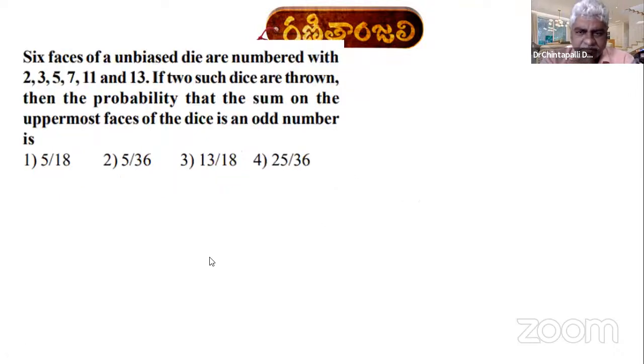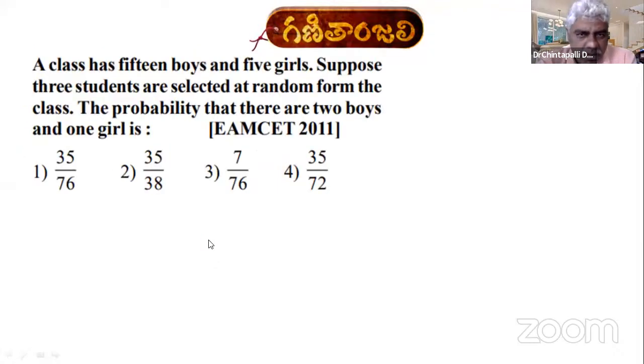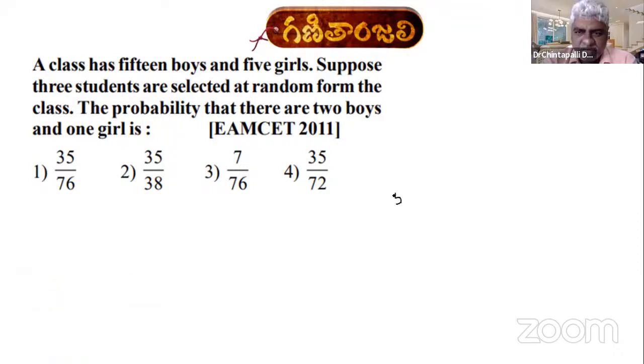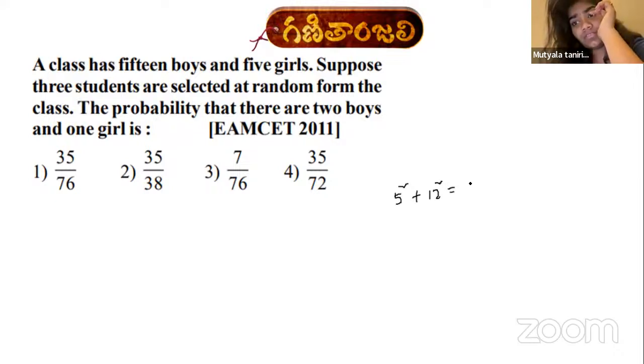What is 5 square? 25. 5 square plus 12 square? 25 plus 144 is 169. That is 13 square. So 5 square plus 12 square is equal to 13 square.